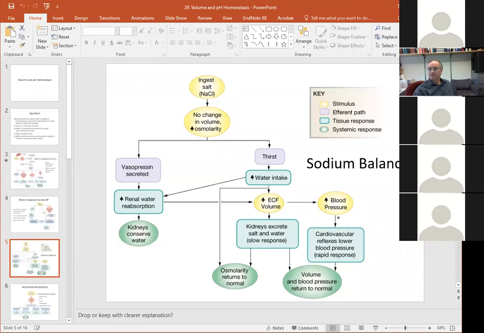Okay, next question. If you drink too much water, not soda, pop, water, not only do your atrial stretch receptors signal the hypothalamus by nerves that the blood volume is too high, but also there are endocrine cells in the atrial wall that release ANP, atrial natriuretic peptide.